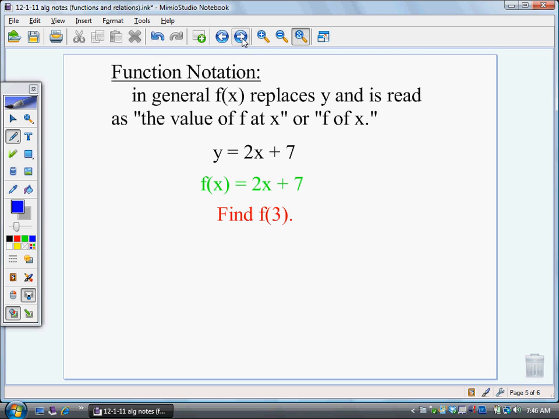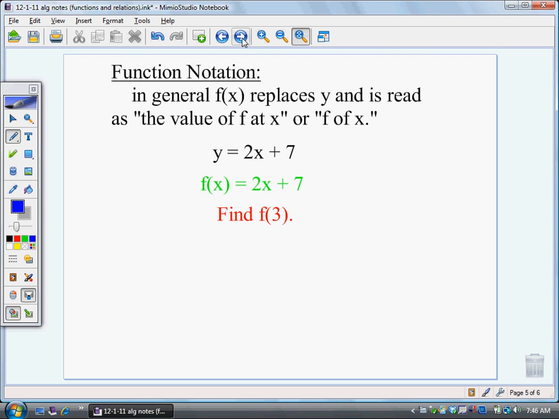So the original equation was y equals 2x plus 7. We are replacing the y with f of x, so it's f of x equals 2x plus 7. This is what's called function notation, and this is something that you're going to see a lot in high school. They're not really going to use the y a lot.